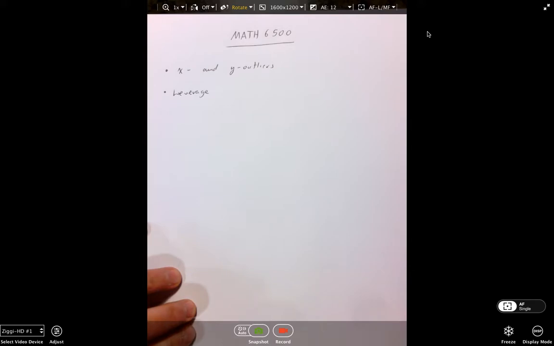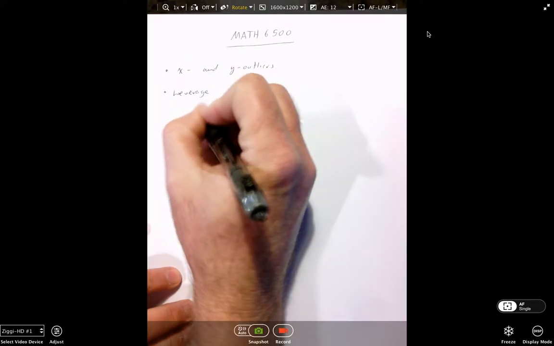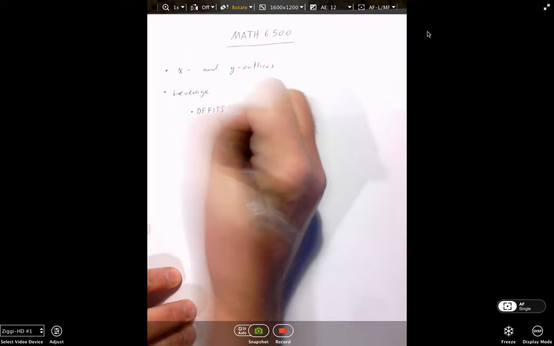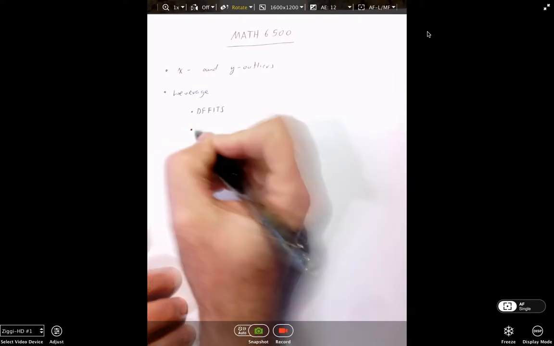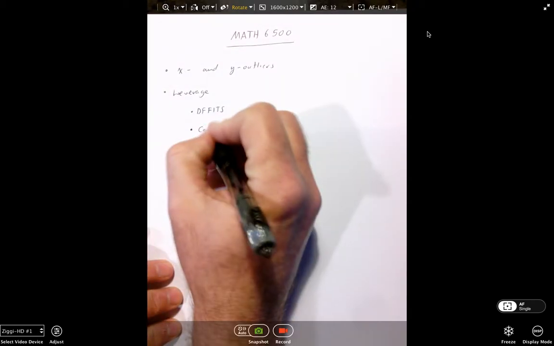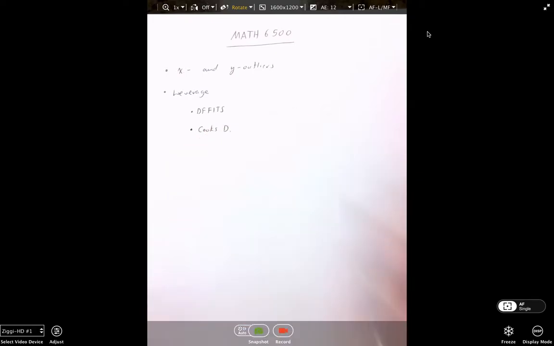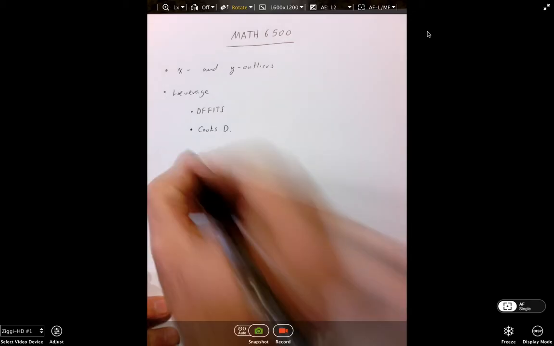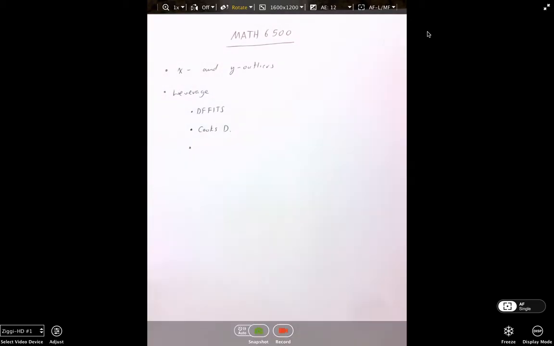The things we've looked at are, first of all, DFFITS. Remember, DFFITS looks at eliminating a case and seeing the difference in the predicted value for that case. The next thing we looked at was Cook's distance. Cook's distance is very similar to DFFITS, except it looks at the difference in the predicted values for all the cases when the ith case is deleted.